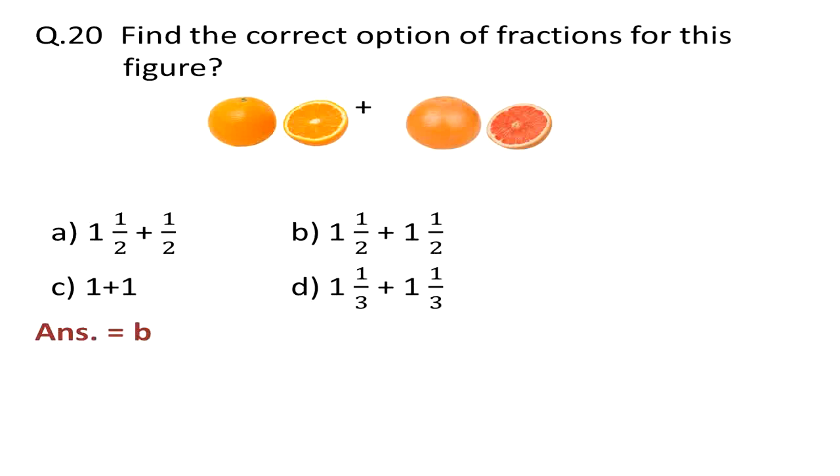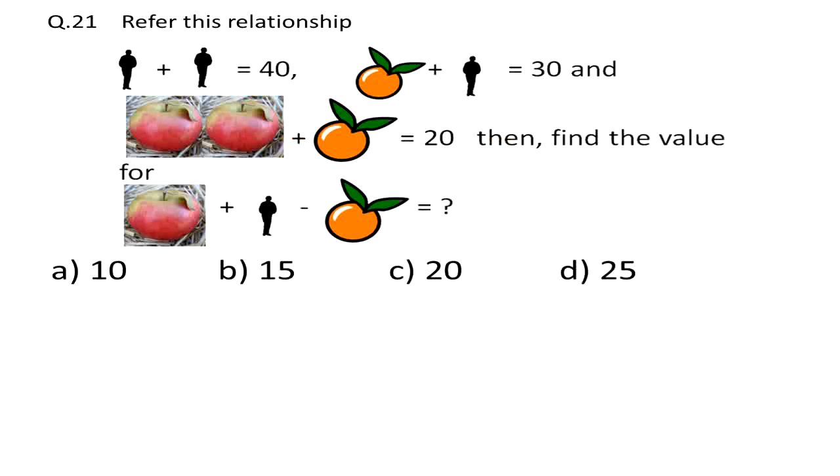Now moving towards our next and last question. Refer to this relationship. If we see this relationship, here there is one man, and here one man is present plus one another man, and the summation of these two persons is equal to 40.